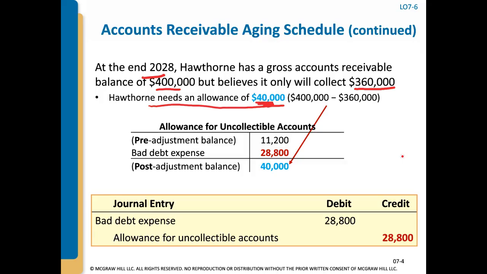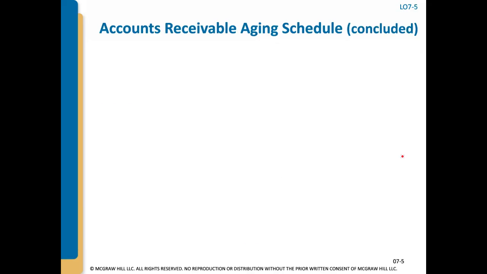Because they only think they'll collect $360,000. So here, the ending balance in your allowance for uncollectible accounts should be $40,000. In this example, their beginning balance, or what they had on their books, was $11,200. So they would need an entry to make this adjustment: they would need to increase their allowance for uncollectible accounts by $28,800, and they would debit bad debt expense.